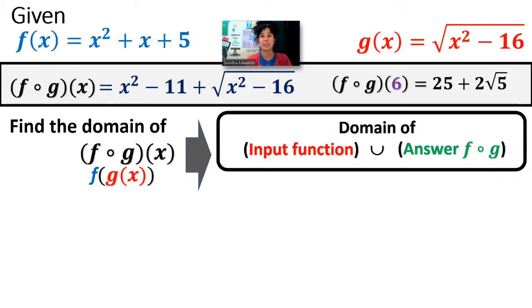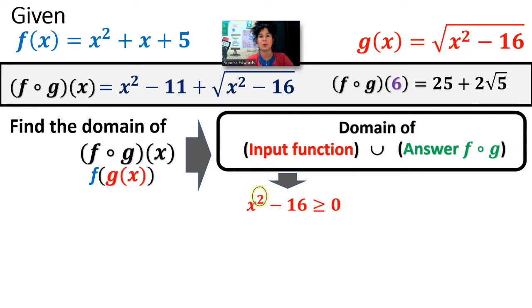The only characteristic that g of x has is an x underneath the even root. So we're going to take the radicand, which is everything underneath that root, and set it greater than or equal to 0. Solving this inequality is more work than the last one because the exponent on x is 2.